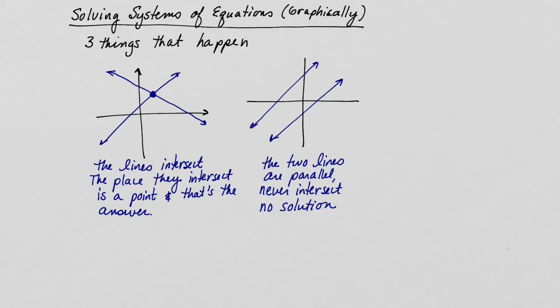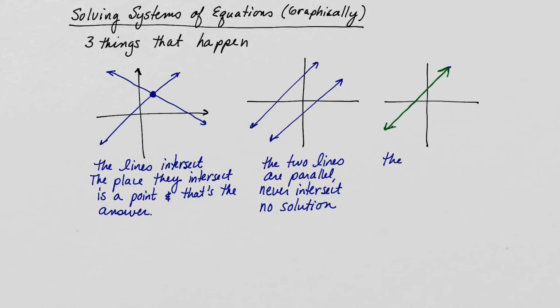And the third thing that happens is you could have 2 lines, and the 2 lines end up right on top of each other. So maybe I have that blue line, and then there's this green line, and it happens right on top of each other.